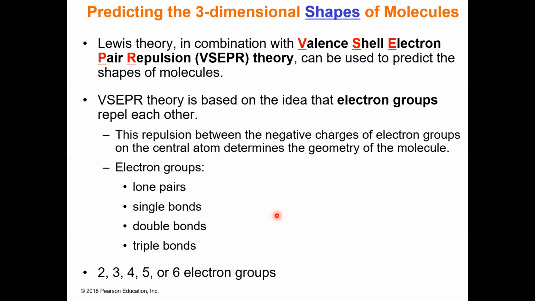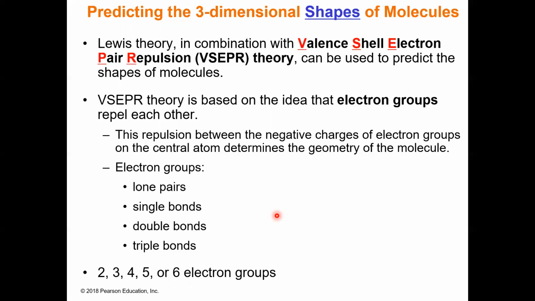Therefore, these different electron groups will want to be as far apart as possible. We know that negative and negative charges, just like in magnets, will actually repel each other. For the same reason, these electron groups will repel each other.